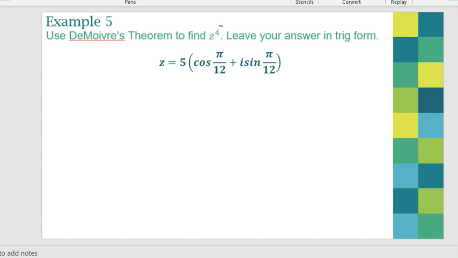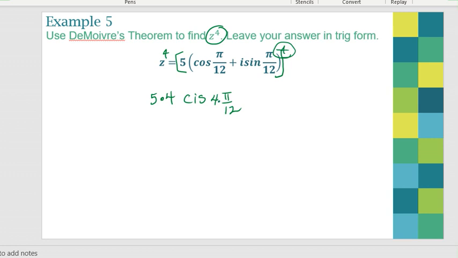Okay, so this is how it works. Let's do it. So we take this, and it says raise it to the 4th power. So if I raise that to the 4th power, I have to take this and raise it to the 4th. So we have 5 to the 4th, and then we would have cis pi over 12, but I've got to multiply by the power 4. Why?